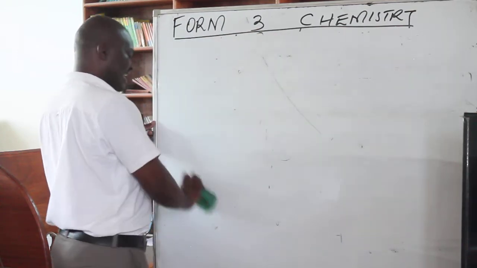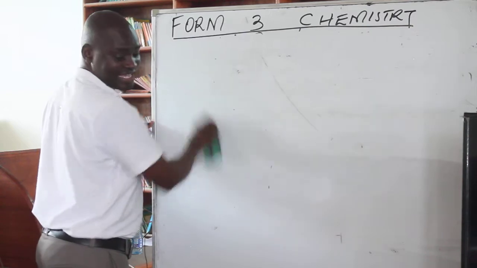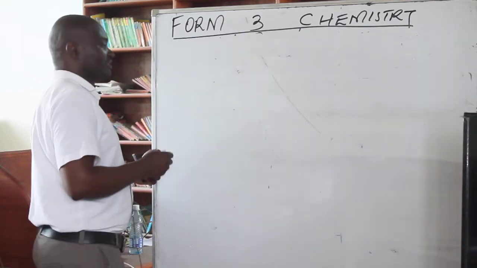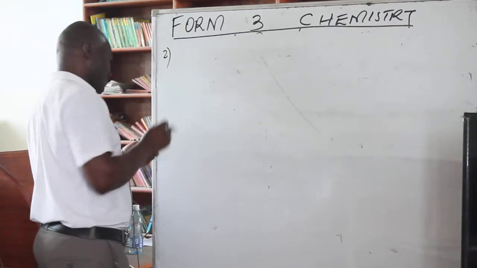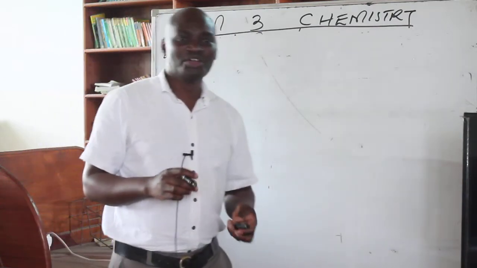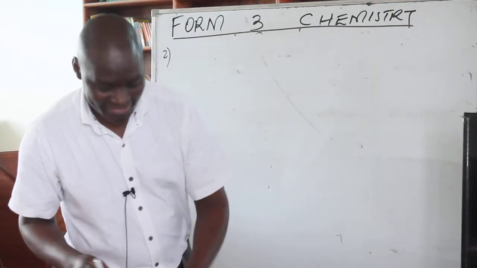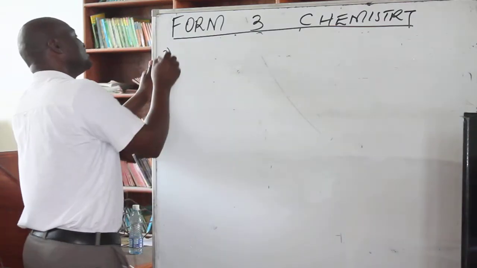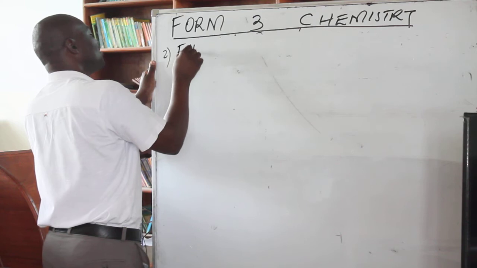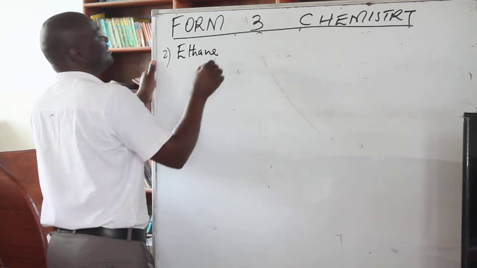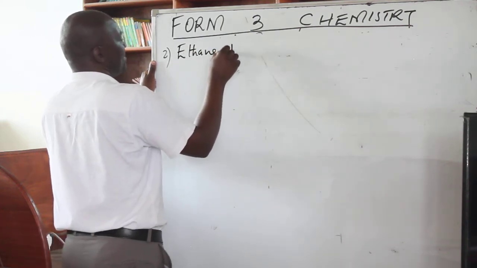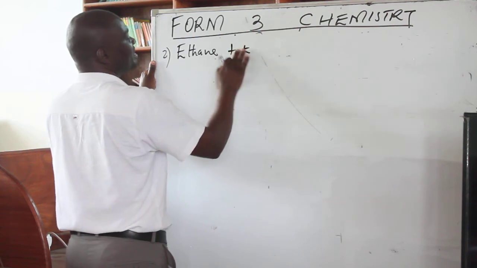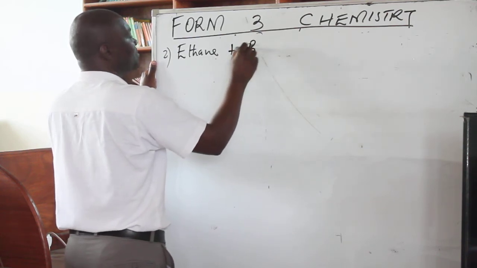Now the second example, which we are going to do, we are going to see how ethane reacts with bromine. So we'll talk of ethane plus excess bromine.